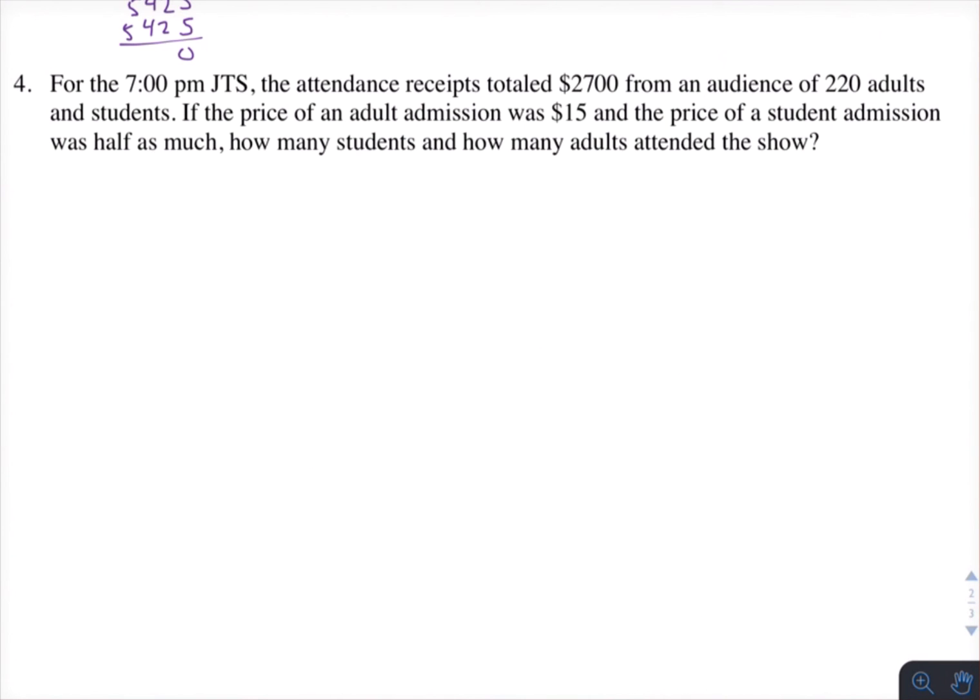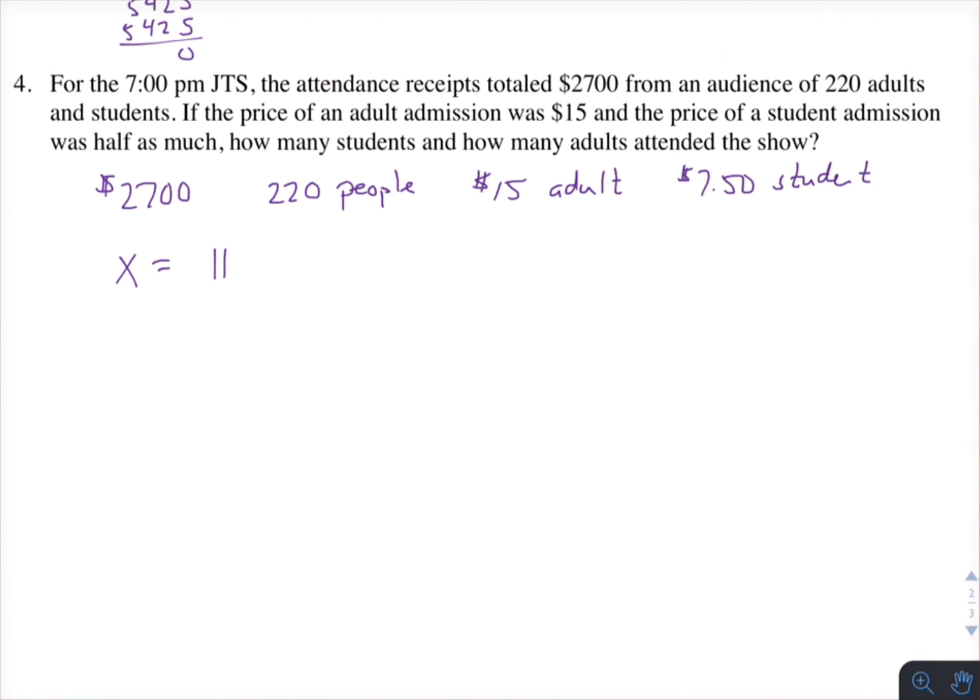Again, summarize. $2,700, 220 people, $15 adult ticket, and $7.50 student ticket. So we're going to let x be the number of students.